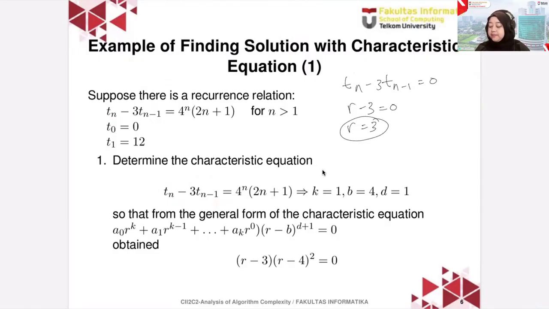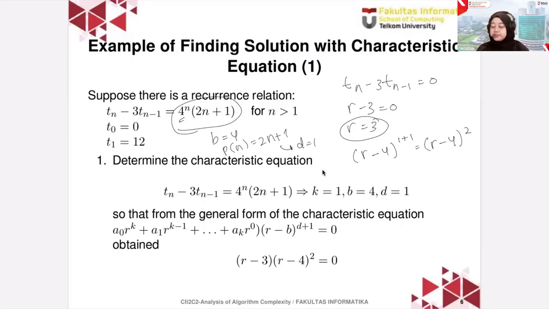And from the term on the right-hand side here, we know that b is equal to 4. From here, the polynomial is 2n plus 1, so the degree is equal to 1. Hence, the characteristic equation we have is r minus b, which is 4, to the power d plus 1, which is 1 plus 1. So it is r minus 4 squared. So here, r minus 3 we have it here, and r minus 4 squared we have it here.